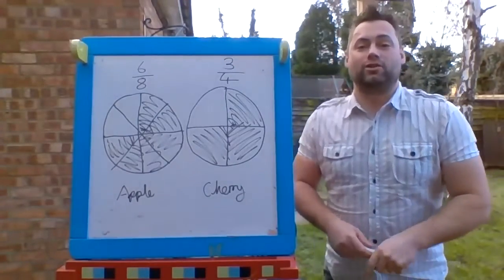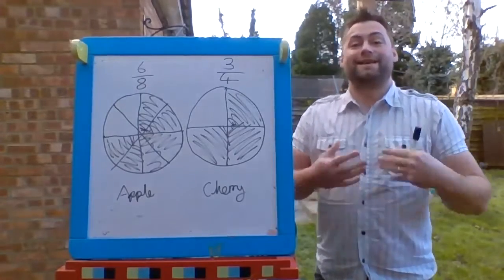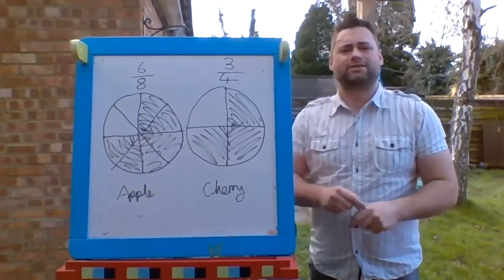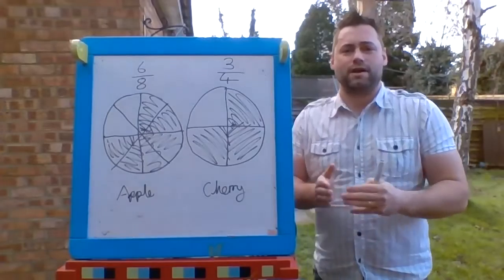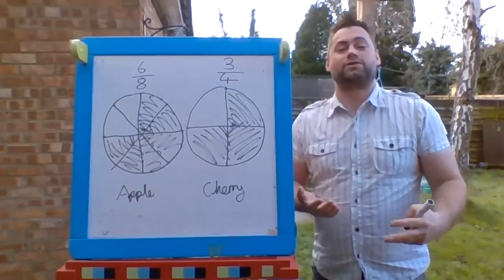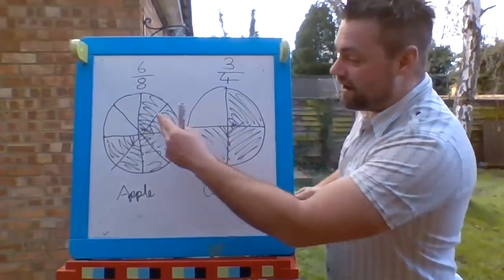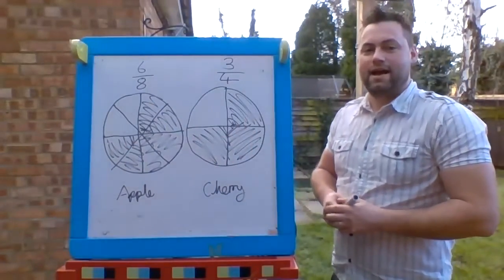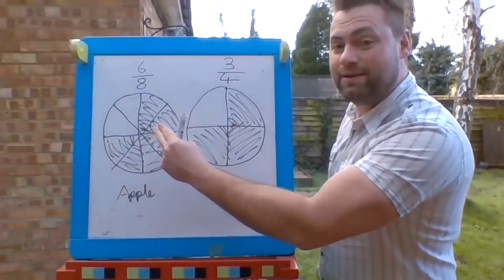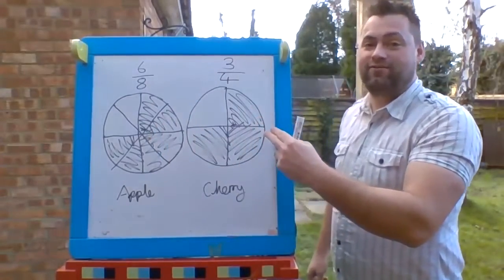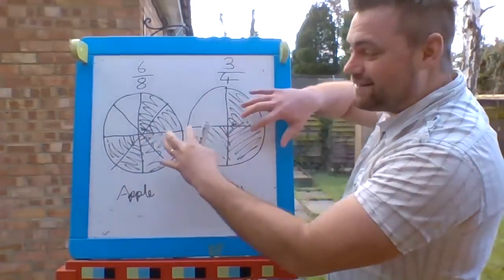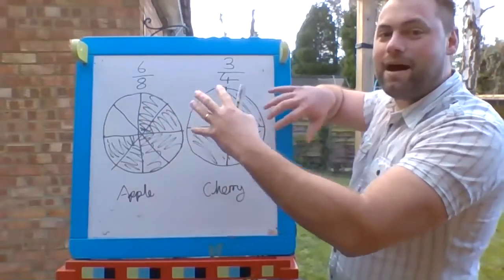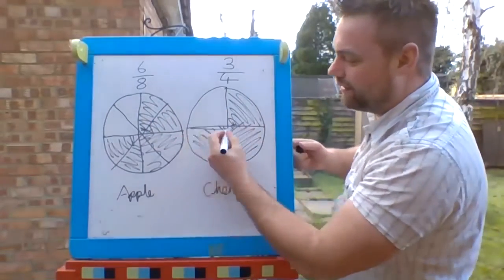I then asked the question, which pie have I eaten more of? And it stumbled some of you because you're thinking, well, they look the same. And it wasn't a trick question. Of course it's the same. Look, I've shaded in exactly the same amount in these pies. It's just this one has been split into 8 pieces, and this one has been split into 4, but I have eaten exactly the same amount, and you can see that quite clearly.